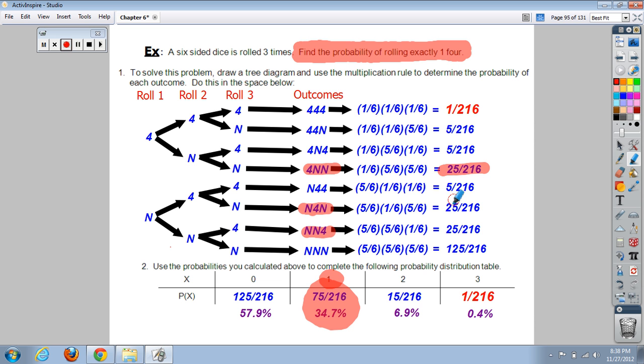And that's why we had to add together those probabilities, because I didn't specify where that 1 4 had to end up. Now, if I said, what's the probability that I roll exactly 1 4, and it's on the first roll, well, then that would be this answer, 25 out of 216. But if I don't specify where I want to see the success, then you have to consider every possibility that would be considered a success.